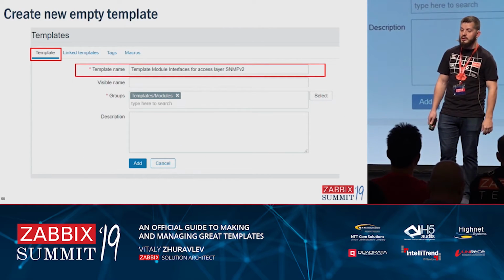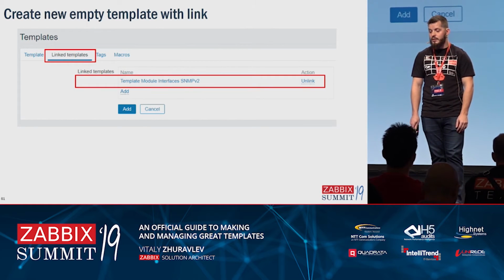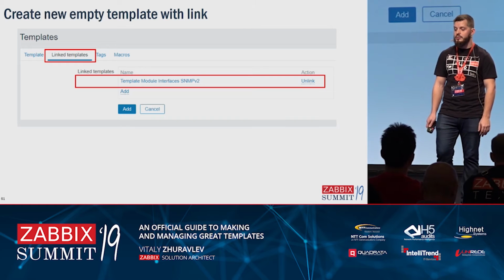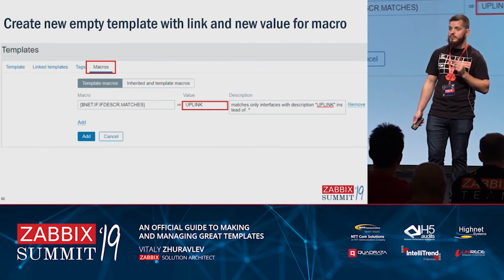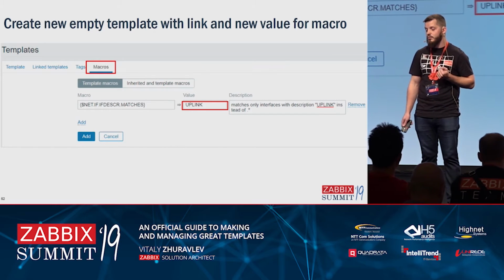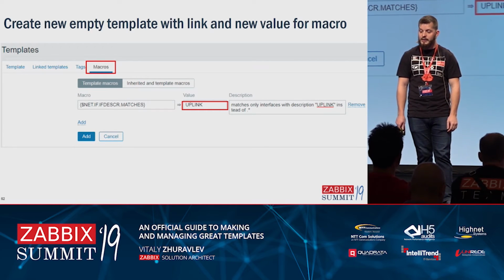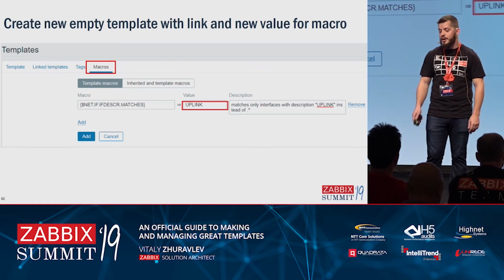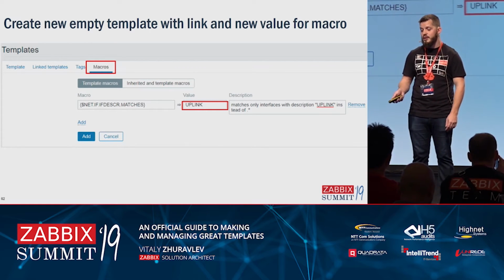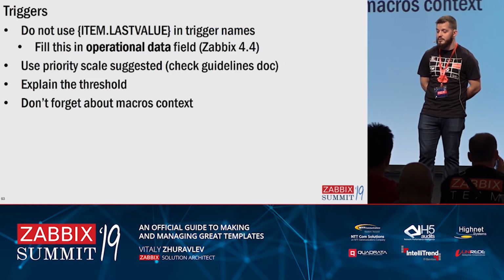So let's create a new template. It's completely empty, and it has a link to the original template. And the single thing that we would do here is set a new value for this low-level discovery macro. Instead of allowing any interface to be created, here is the rule that says only interfaces with uplink value should be created.